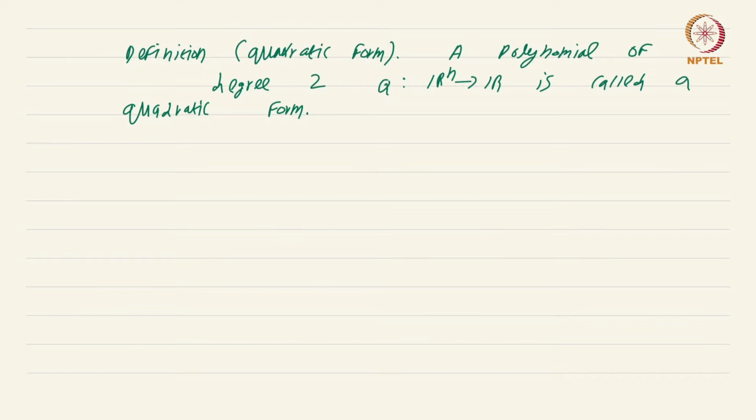Okay, so the definition is utterly straightforward. In fact, you could have guessed what it is just from the name. So the key part is that symmetric matrices determine quadratic forms.